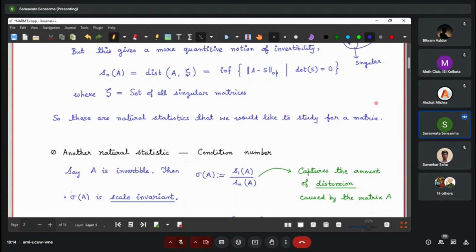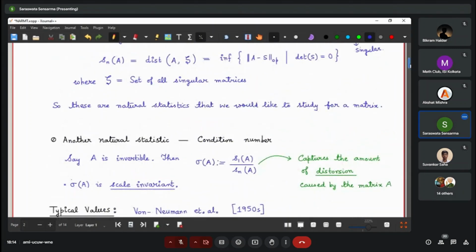And these three quantities, the largest singular value, the smallest singular value, and the condition number, arise in many places. One example is numerical linear algebra. I won't be getting into these much in the talk, but just for motivation. When you are dealing with numerical linear algebra algorithms, say Gauss-Jordan elimination or calculating the inverse, the problem becomes harder as the matrices get closer and closer to being non-invertible.